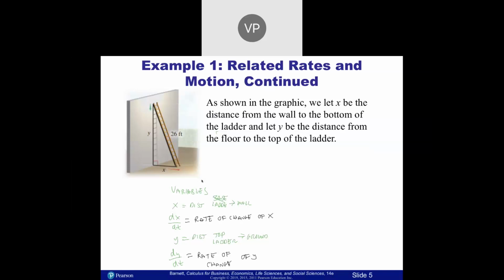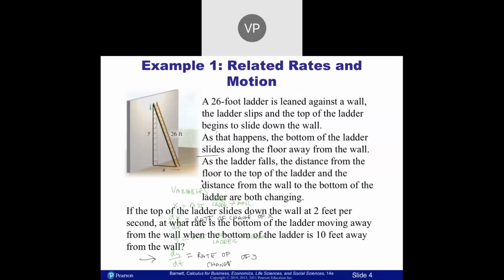They're telling you the top of the ladder is going down at 2 feet per second. That tells you, out of these 4 variables, we're talking about that one right there. That's dy dt. How fast is that y changing? How fast is the top of the ladder going down?